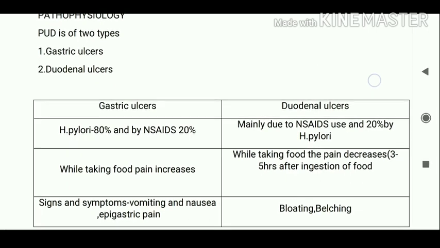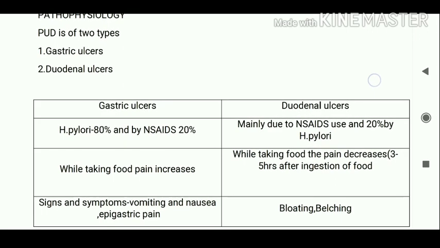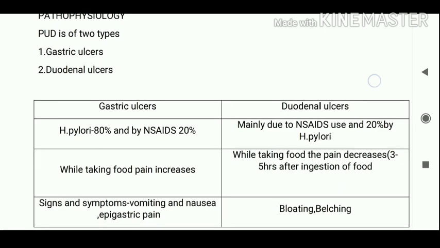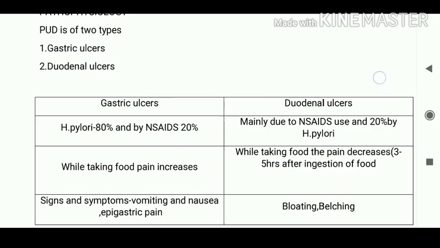After coming to the duodenum, it causes pain, due to ineffective neutralization of the HCl. If the HCl is not neutralized in a balanced way, it causes pain in the duodenum. So it occurs 3 to 4 hours after eating food. Bloating and belching are also symptoms we see in duodenal ulcers.